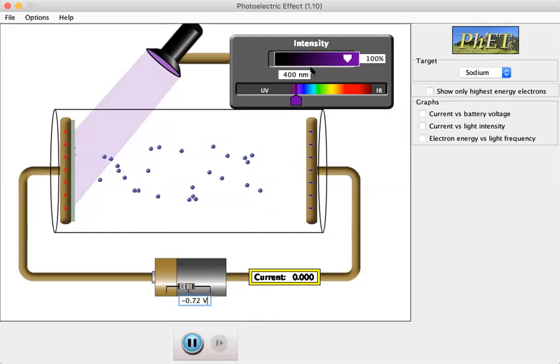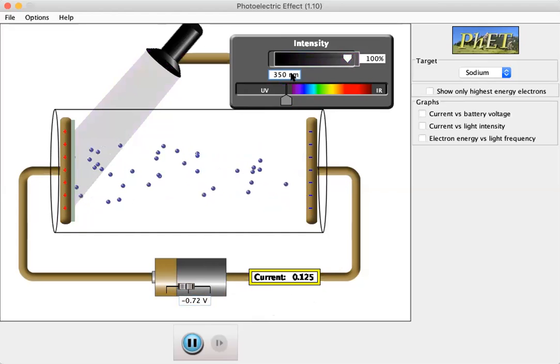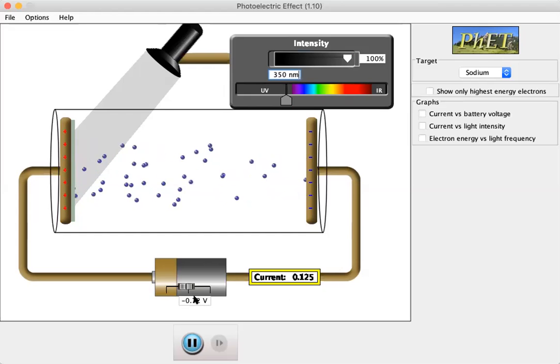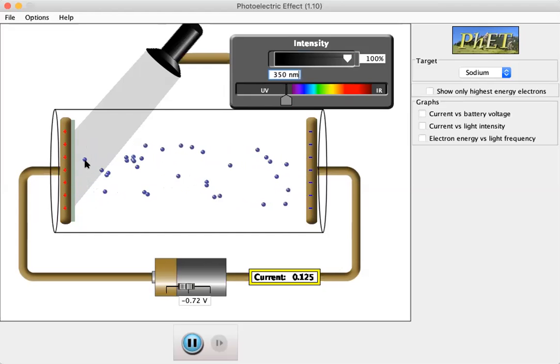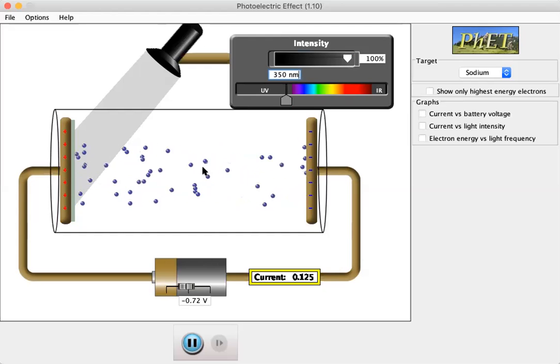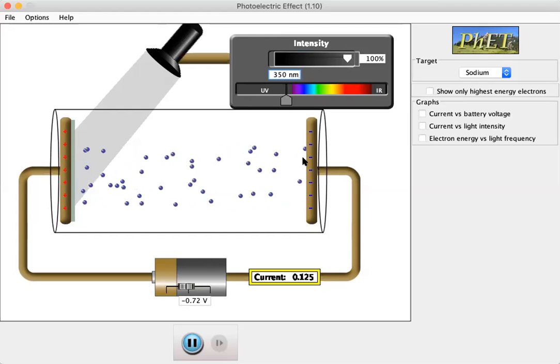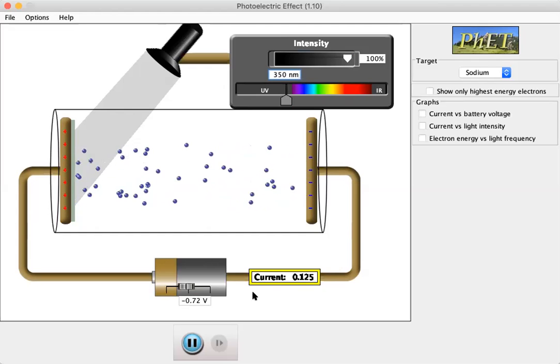Now, I will decrease the wavelength to 350 nanometers. We are now in the ultraviolet region. Now the electrons emitted are more energetic, so we start getting again a current.